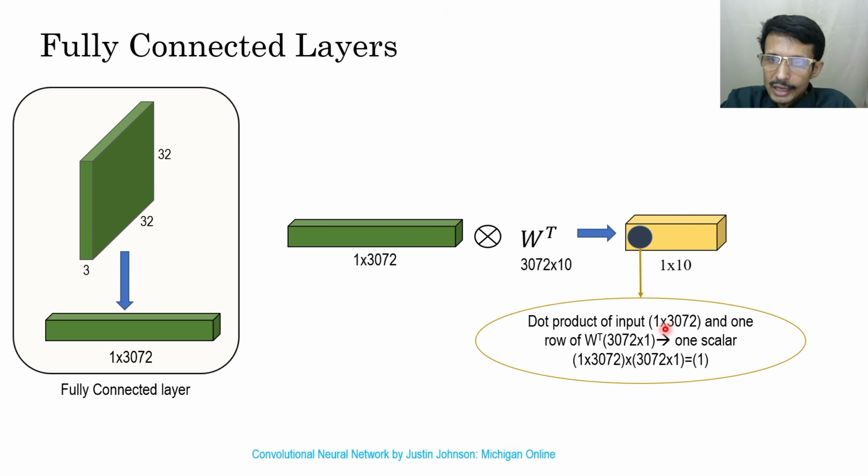If, for example, this is WT1, which is 3072 into 1, not 10, we can get a single dot product, one scalar value. Since it is 10, we get 10 scalar values, so a vector of 1 into 10 with 10 elements.